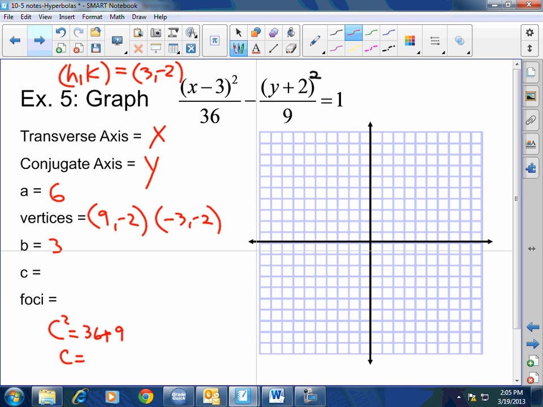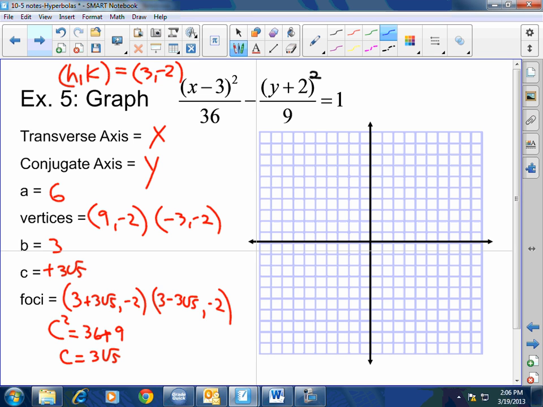So C is going to equal the square root of 45, which is 9 times 5. So 3 square root of 5? Yeah. So we got positive 3 square root of 5. So H plus C and H minus C. So 3 plus 3 square root of 5, comma K, and 3 minus 3 square root of 5, comma K.